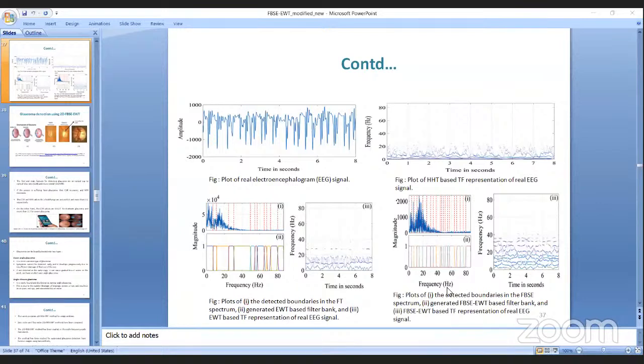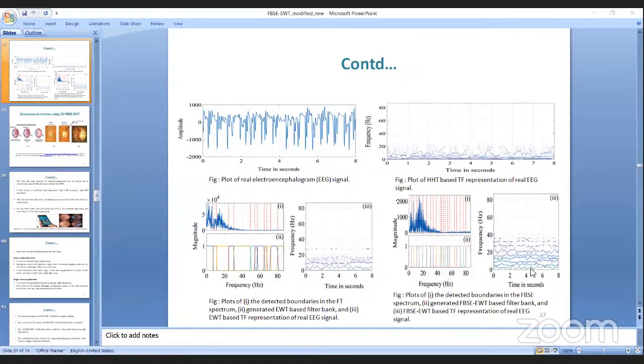But when you apply this Fourier-Bessel series expansion based empirical wavelet transform, you get a nice dense spectrum and various detailed filter banks, and you can nicely resolve the low frequency as well as high frequency components present in the signal. So that is the beauty of the FBSE DWT method.